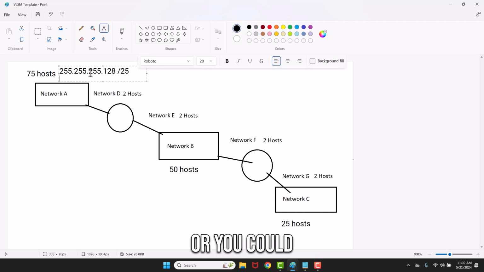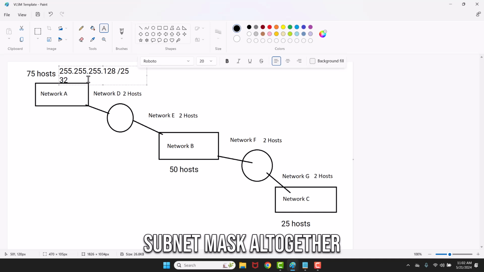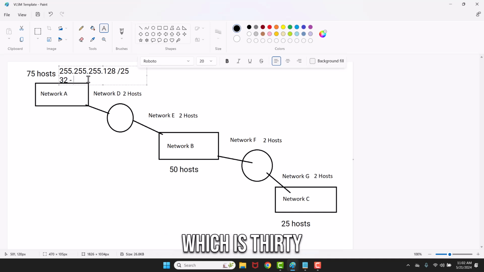Or you could take the number of how many zeros I'm keeping, which is 7 zeros. I could take the number of bits in the subnet mask altogether, which is 32, subtract 7, and that gives me 25. So either way I solve for it, the subnet mask for network A is going to be a /25.